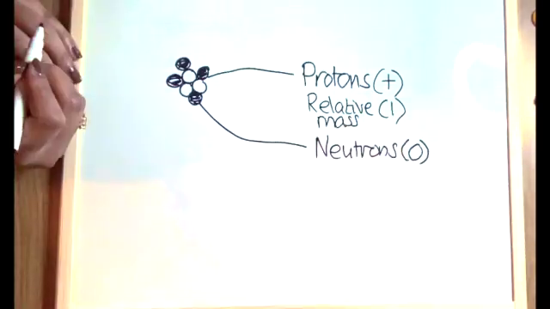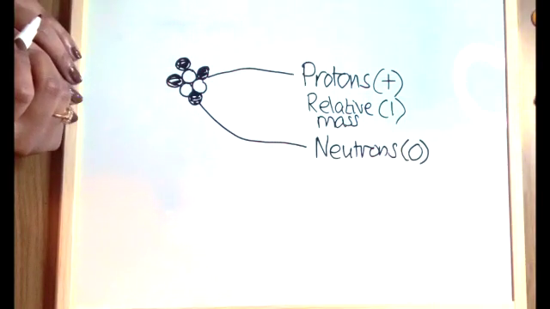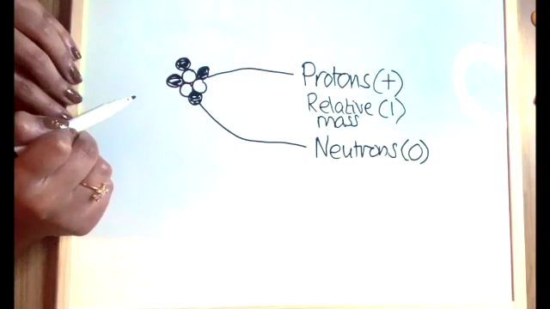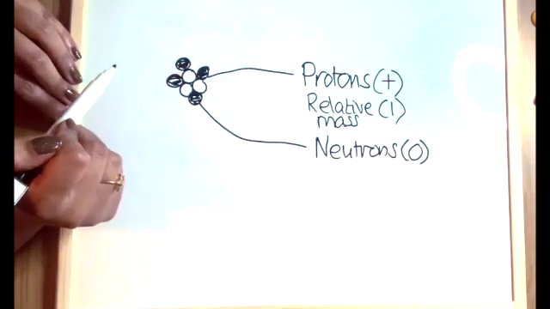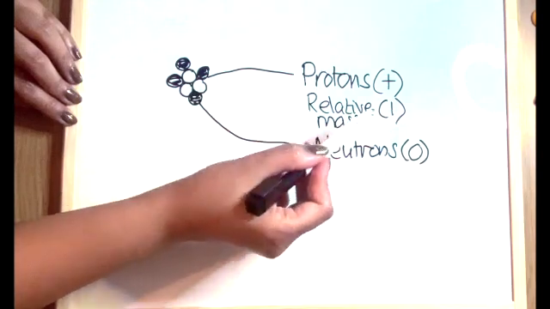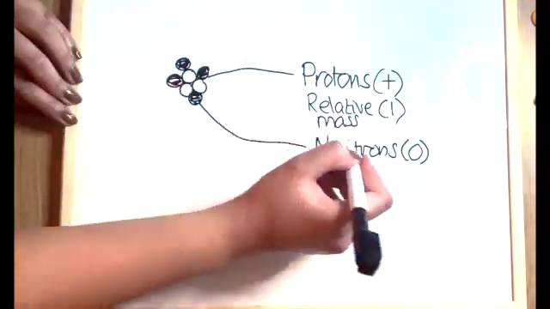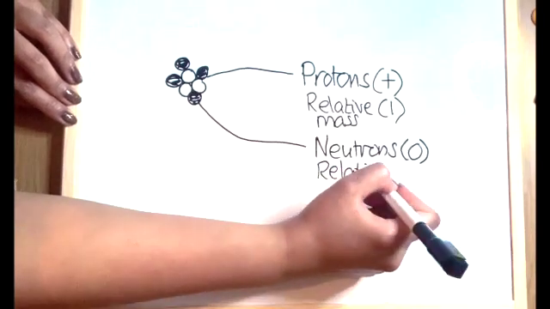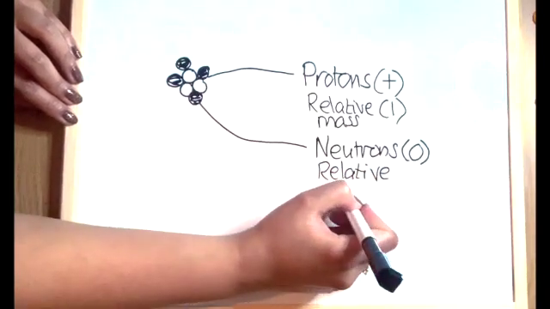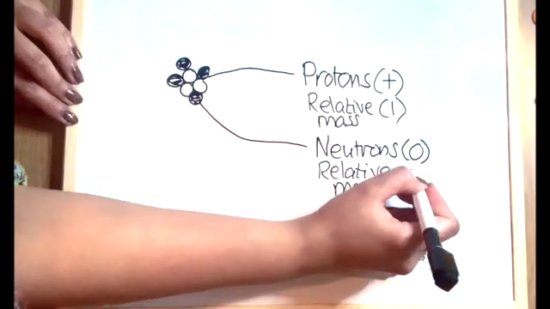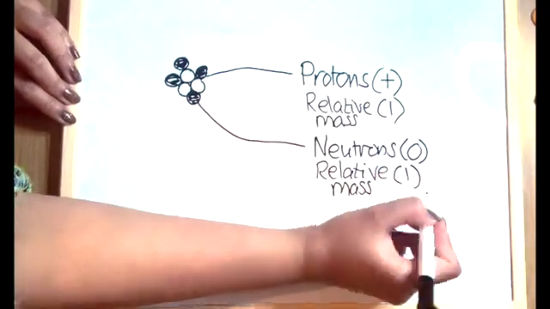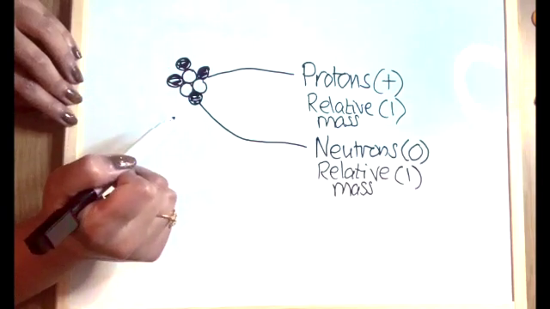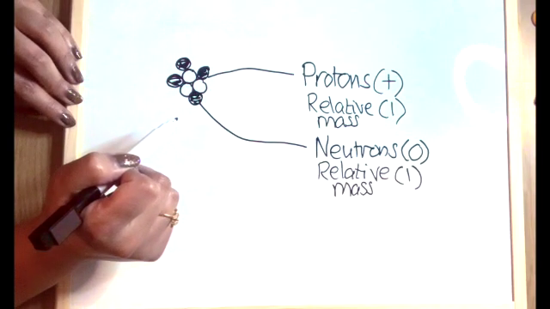They're not positive and they're not negative. Neutrons are relatively a similar size to the protons. So if protons have a relative mass of 1, then the neutrons have a relative mass of 1. So I'll put that 1 there. They're quite a similar size, protons and the neutrons.